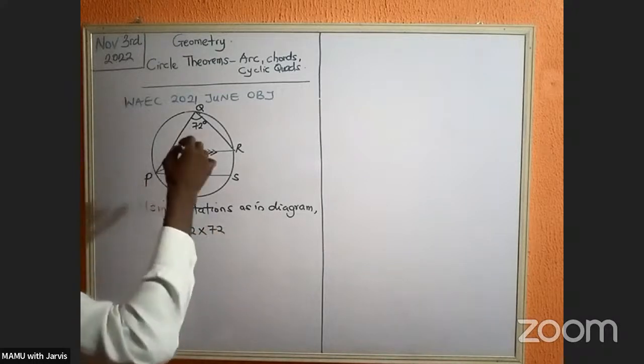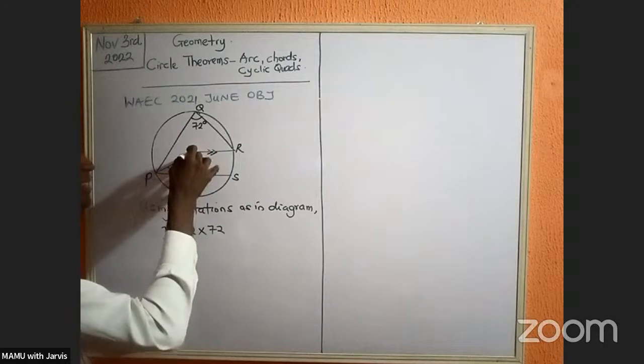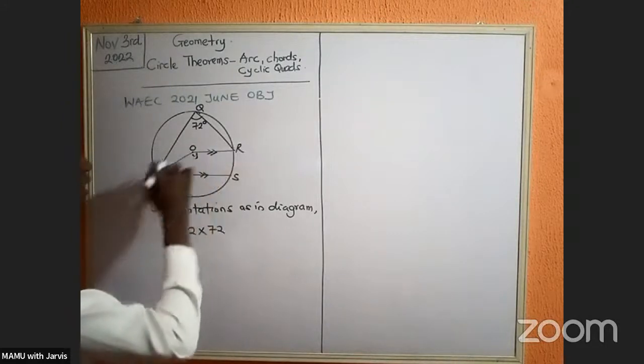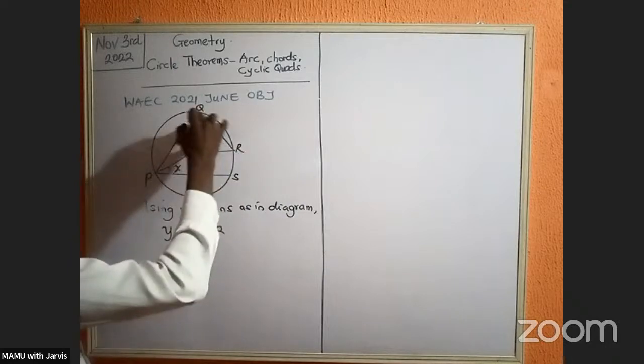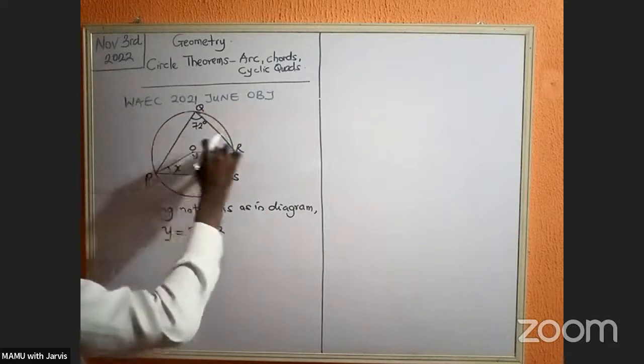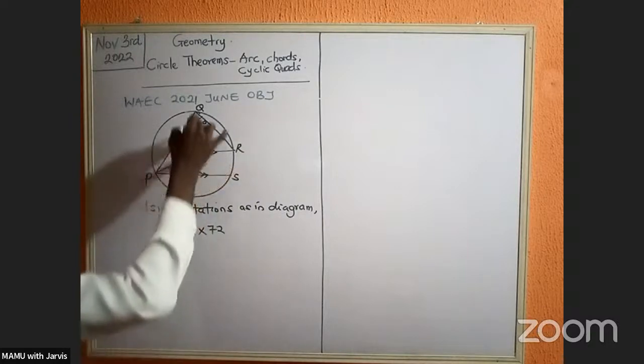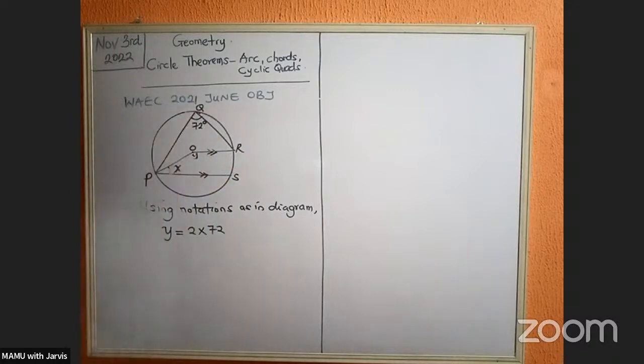Now, there's a theorem you need to remember: the angle at the center is equal to 2 times the angle at the circumference. So if I have a figure like this, the angle at this center must be equal to 2 times the angle at the circumference.